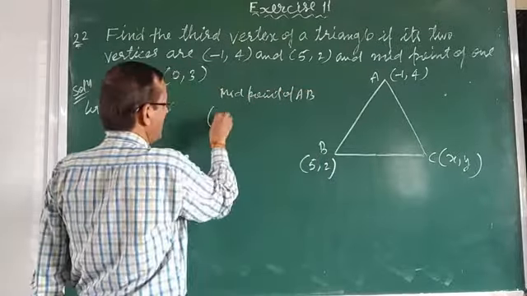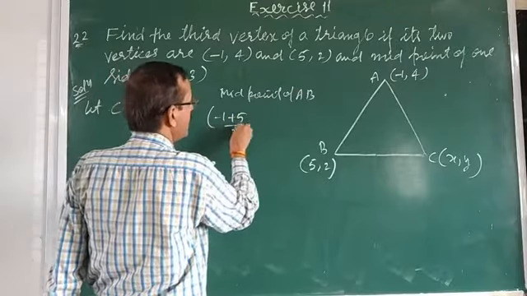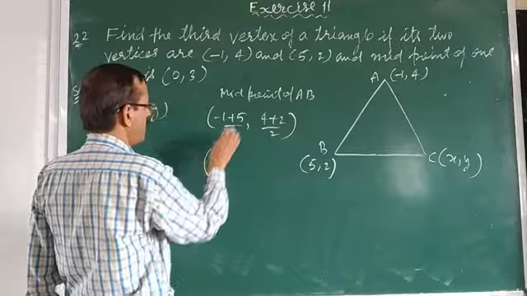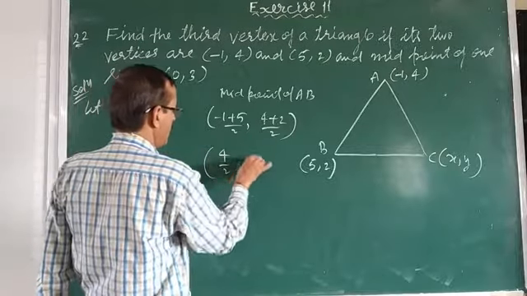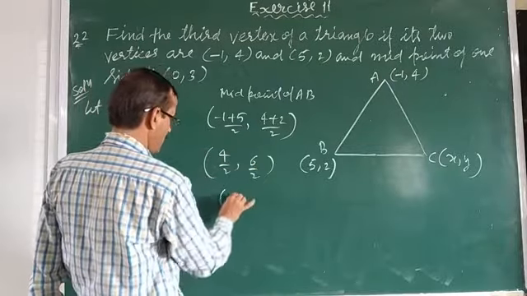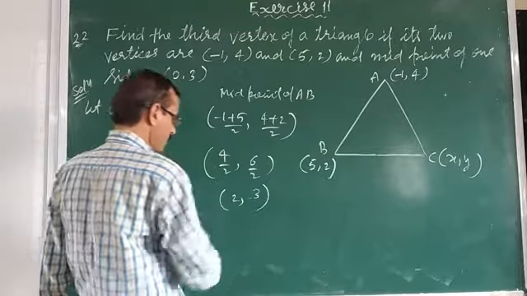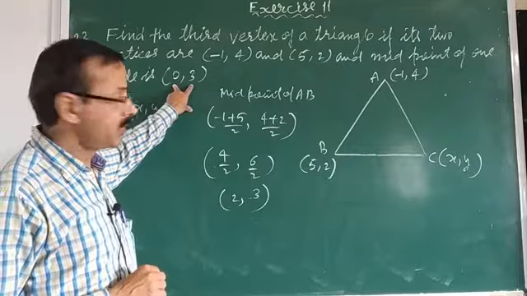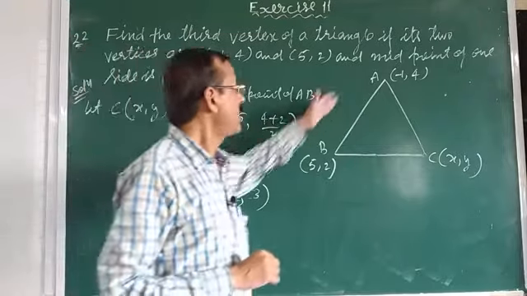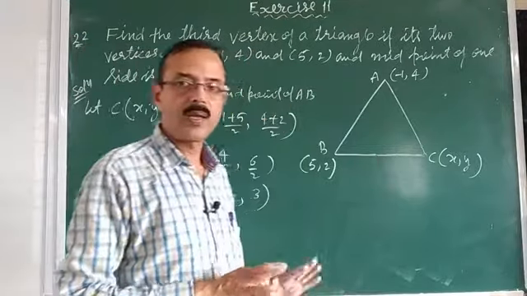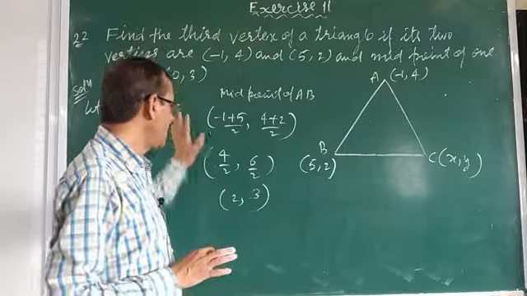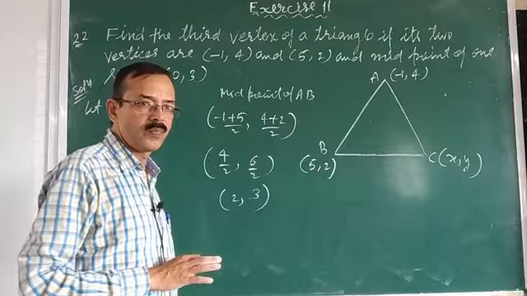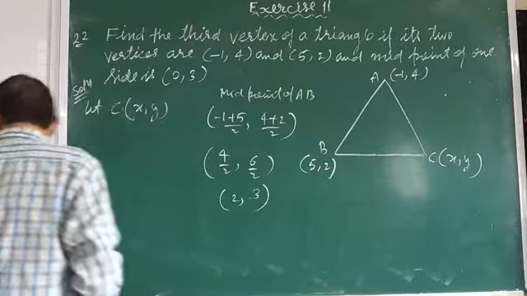So what will be here? -1 plus 5 upon 2, 4 plus 2 upon 2. So that will be 4 upon 2 and 6 upon 2. That will be 2, 3. But this is 0, 3. So is this sure that it will not be the midpoint of AB? ये क्लियर हो गया है कि 0, 3 will not be midpoint of AB क्योंकि AB का midpoint 2, 3 आ रहा है.